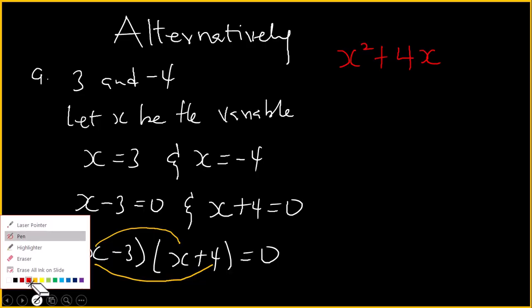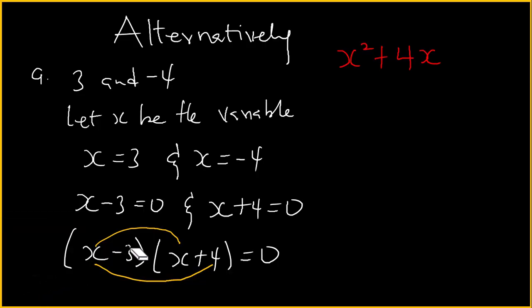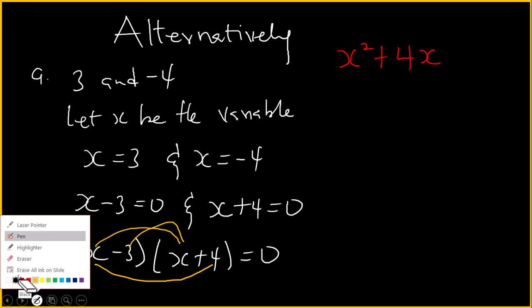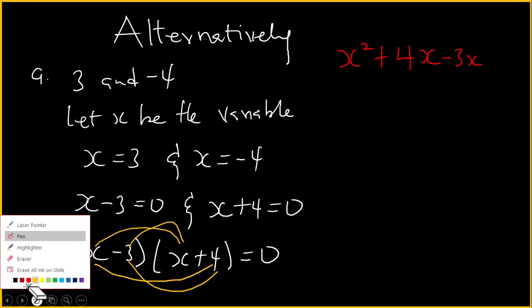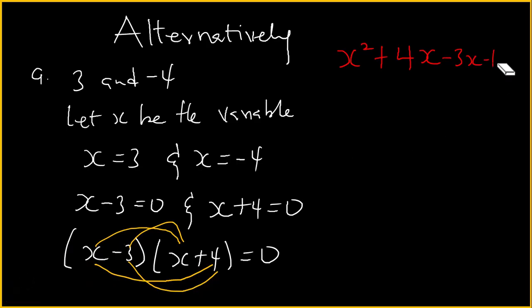Negative 3 by x also gives us negative 3x, and negative 3 by 4 also gives us negative 12, equals 0. So let's simplify. x squared plus 4x minus 3x. So plus 4 minus 3 gives us 1, so plus x minus 12 equals 0.